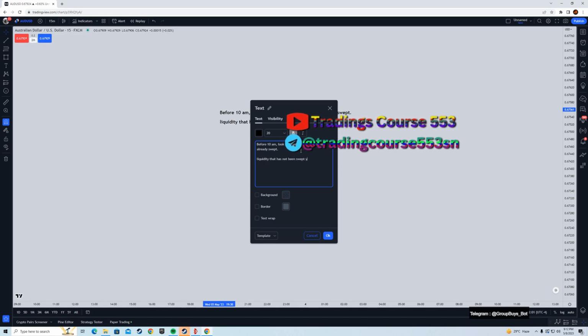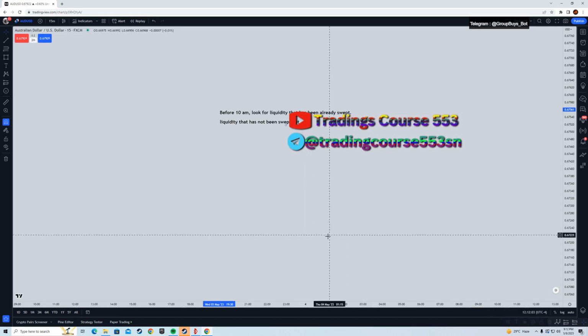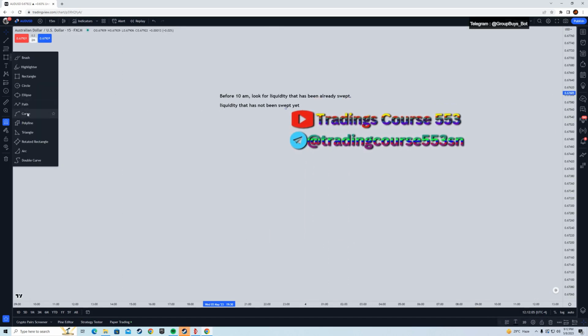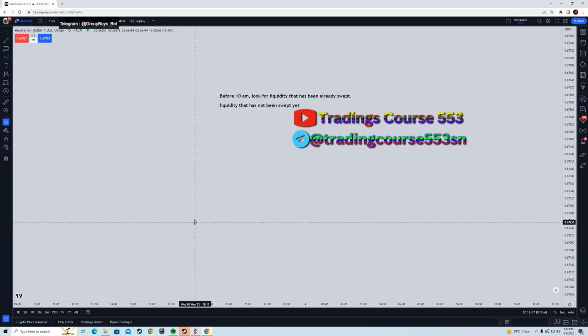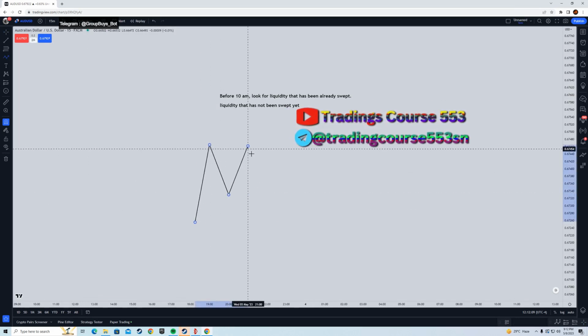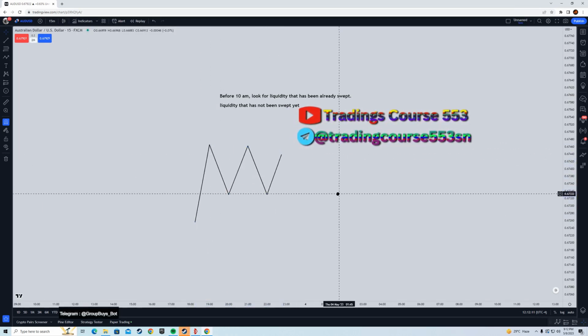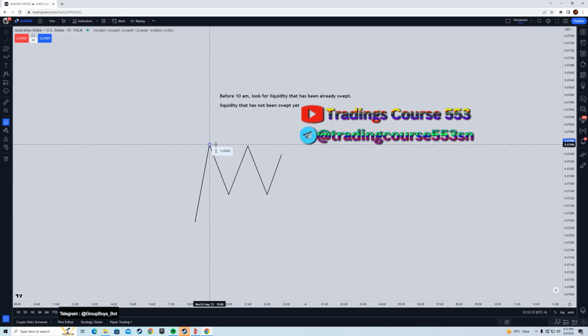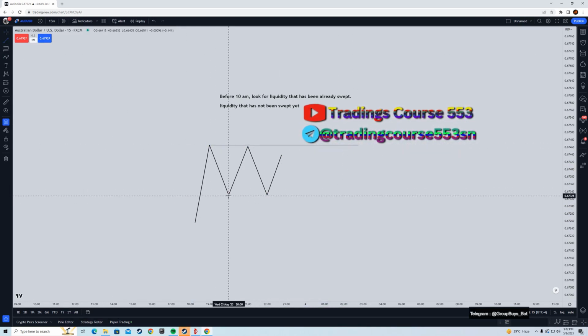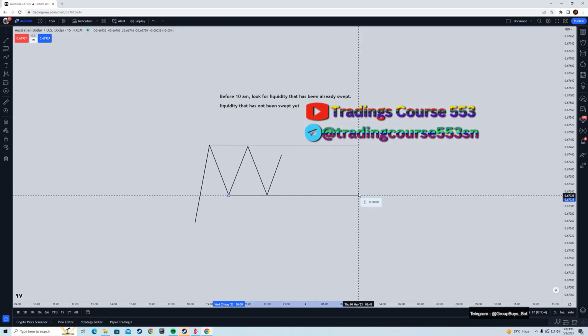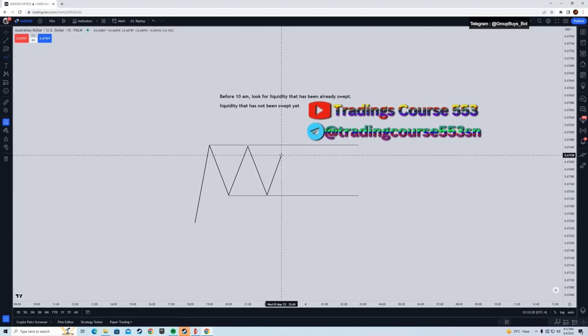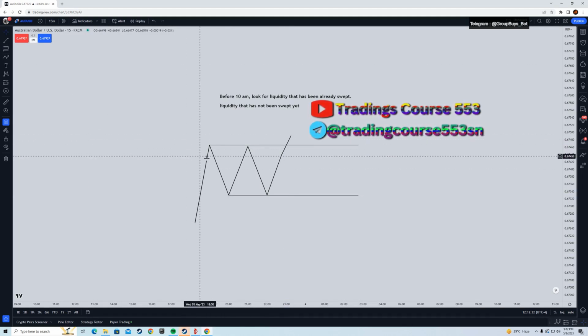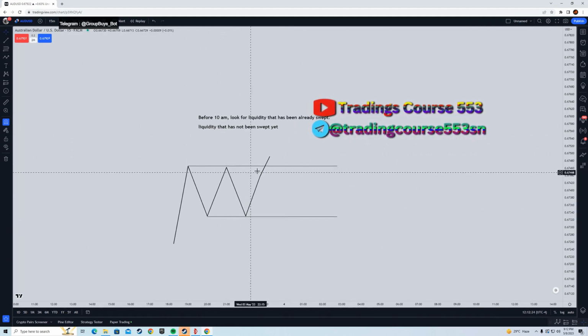Okay, so let's say that on the 1 minute, you have buy side here and you have sell side here, right? So this is buy side liquidity and this is sell side liquidity. Let's say before 10 a.m. you see that price has taken out these equal highs over here.